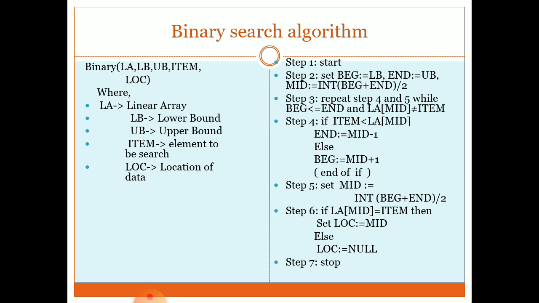And consider if the element is greater than that mid, then exactly the opposite you perform: you just remove the beginning tag and set it to the mid plus 1 position. Clear? That means if there are 10 elements, now you have to make that array with only 5 elements. Then again we will find the mid position with those 5 elements, correct?